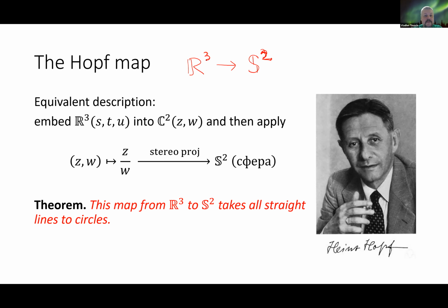Okay, so an equivalent description of the same map will be as follows. This description is even easier in terms of formulas. If we have two complex coordinates z and w, then what we need to do is take z over w, the ratio of the two complex numbers, and get a point of the plane.